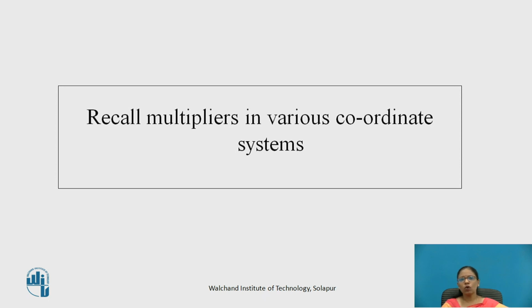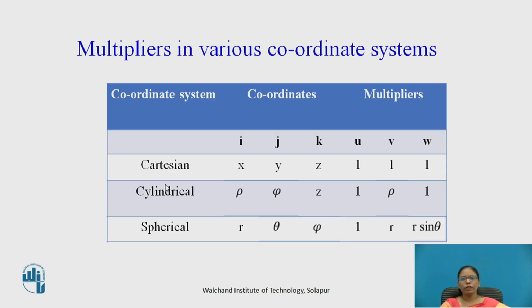So, let us recall the multipliers in various coordinate systems. In Cartesian, the coordinates are x, y, z, and UVW are 1, 1, 1. In cylindrical, the coordinates are rho, phi, z and multipliers are 1, rho, 1.